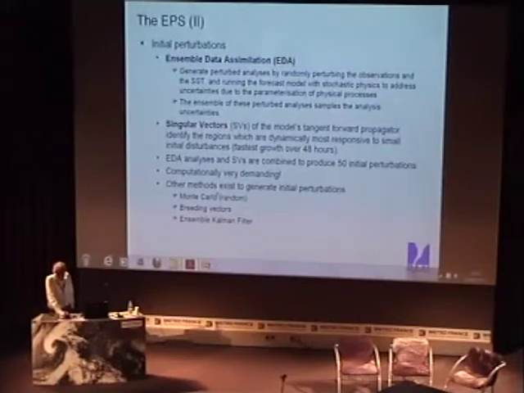The Americans have been using breeding vectors: looking at different analyses and forecasts, seeing where the errors have been consistently growing, rescaling them, doing that several times, and then keeping the errors that come consistently, that are dynamically organized, and using them as starting perturbations. Another one, used by the Met Office, is the ensemble Kalman filter.